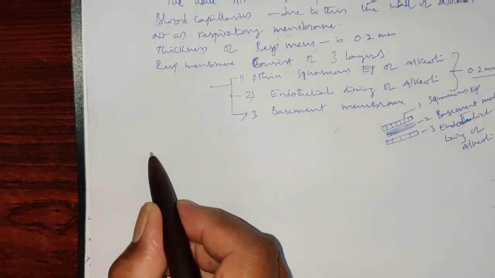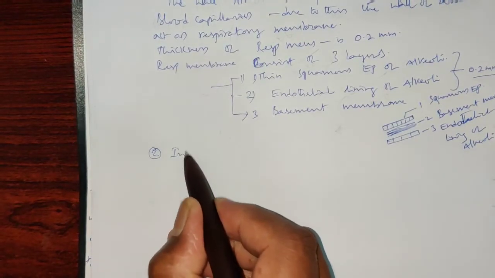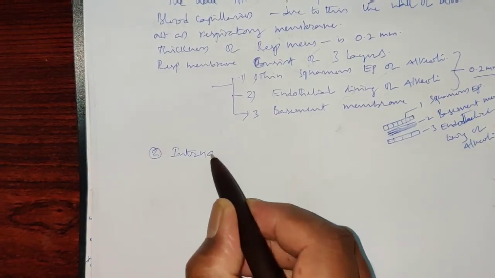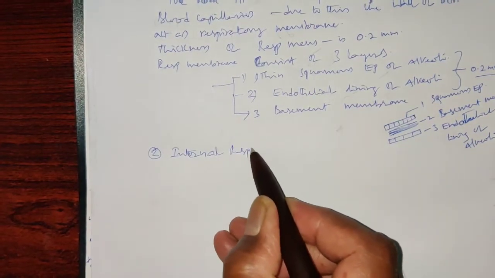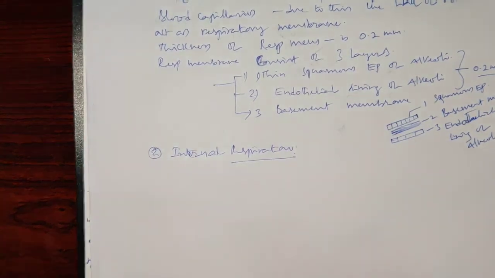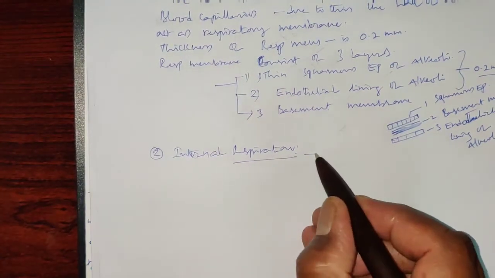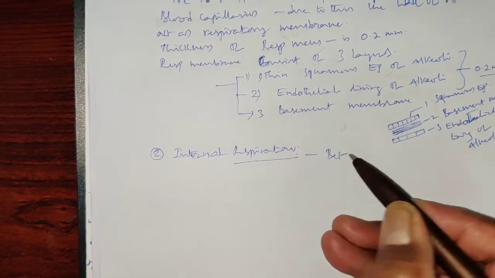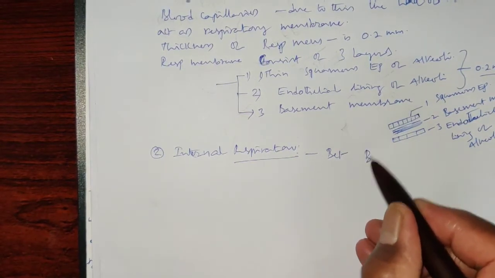Another one is internal respiration. This exchange of gases occurs between the blood and tissues.